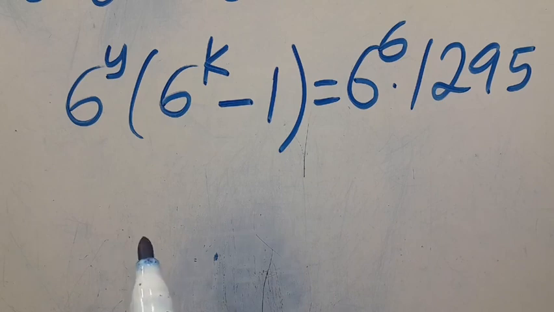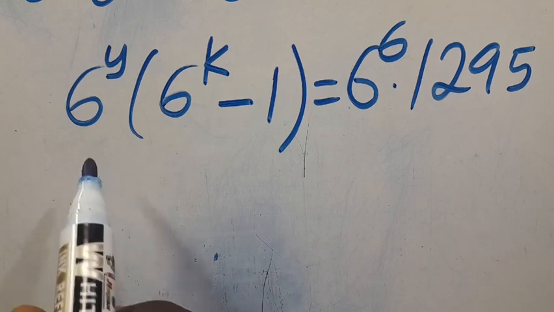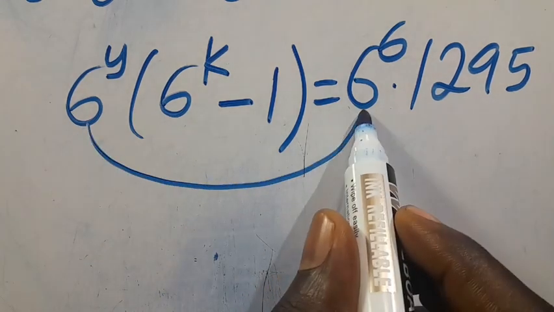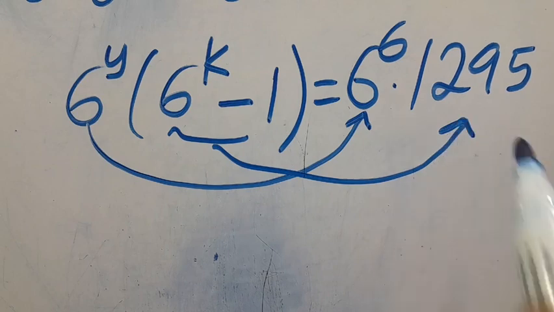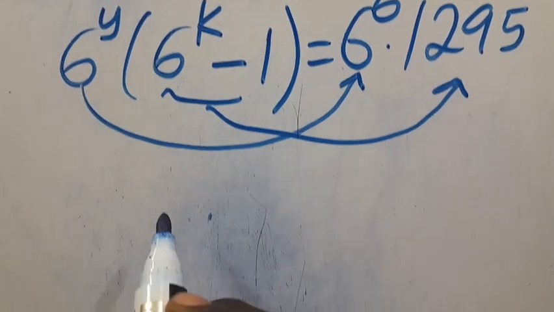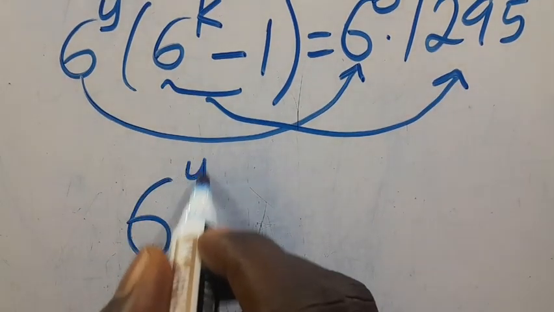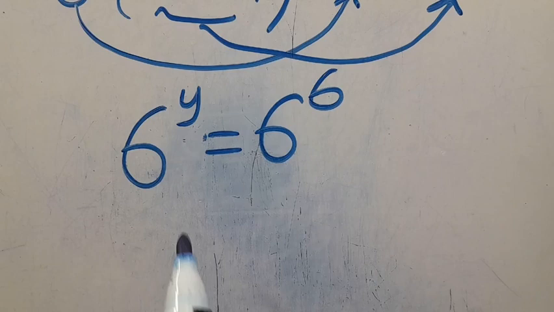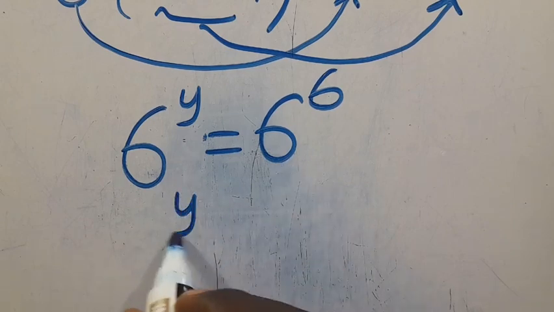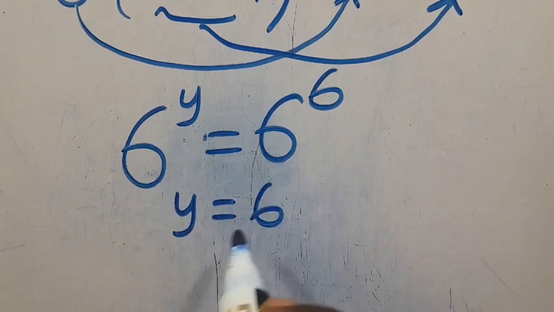So it is obvious that we can equate this part to this. We have 6 to the power of y equals 6 to the power of 6. Since they have the same base, we can equate the powers, so y equals 6.